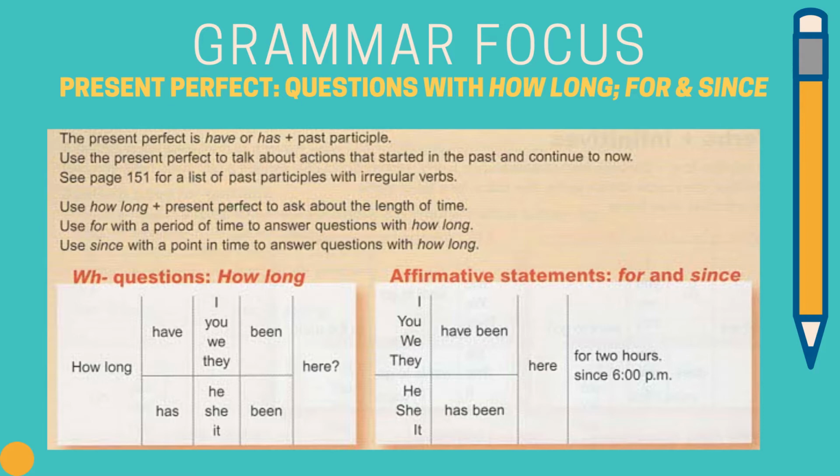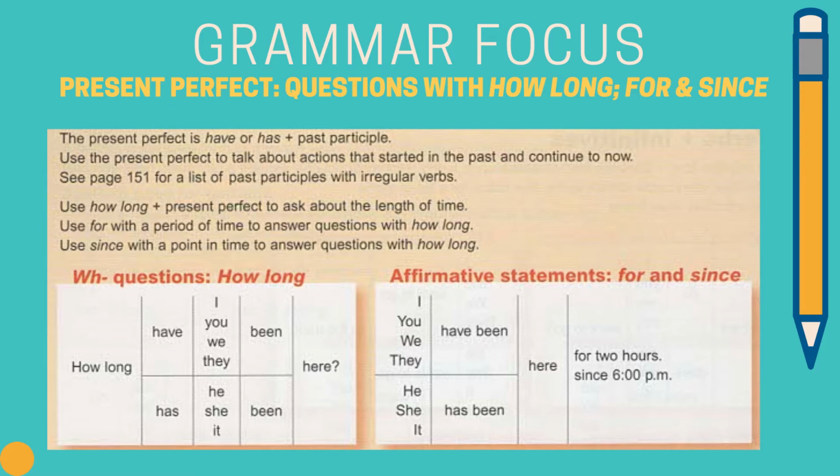Now remember, when we change to the pronoun he, she, and it, the verb have needs to change to has. So now the question says, how long has he been here? He has been here for 2 hours. He has been here since 6 p.m. How long has she been here?